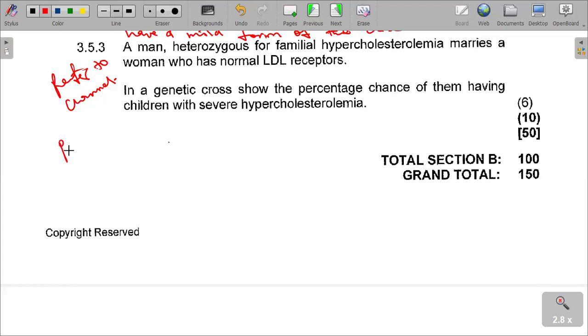The man who is heterozygous means he has got the condition. So we say P1 phenotype: affected man marries a normal woman.